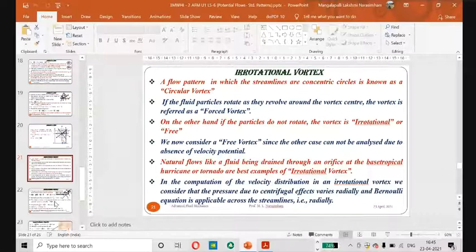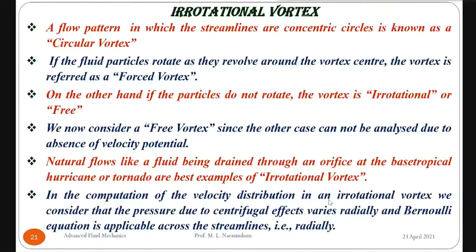Now we consider the free vortex. We will consider the free vortex and all the natural flows, like a fluid being drained through an orifice at the base, the tropical hurricane, or the tornado, which are best examples of irrotational flows.